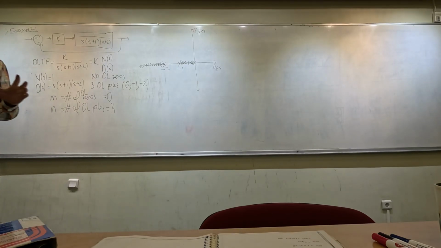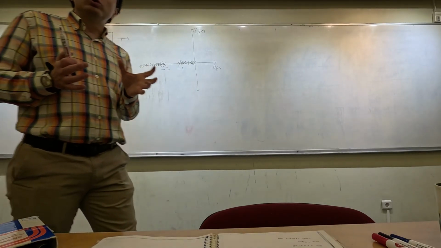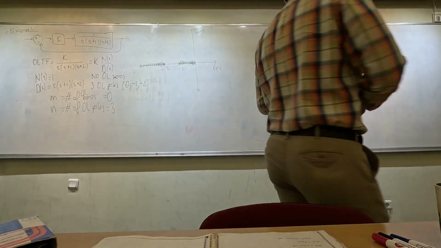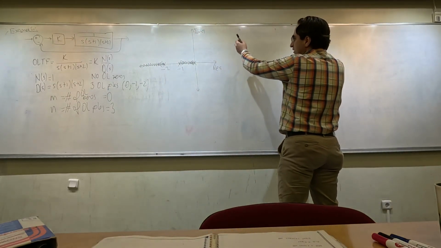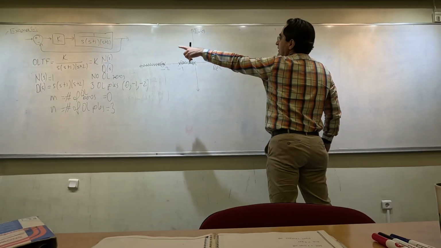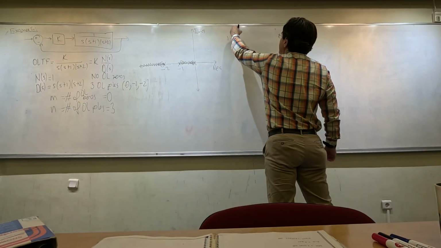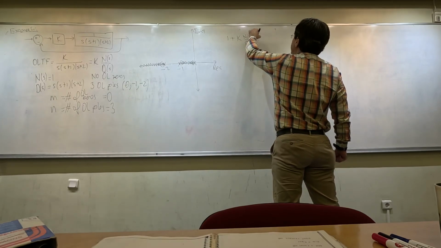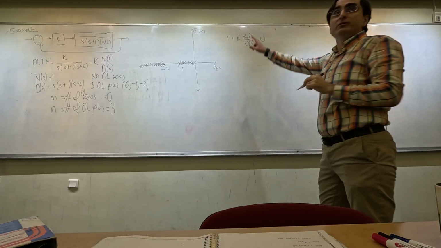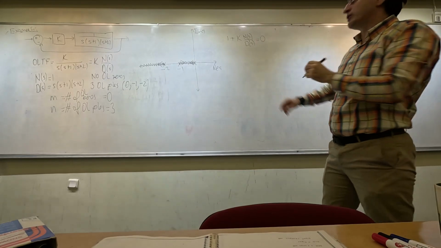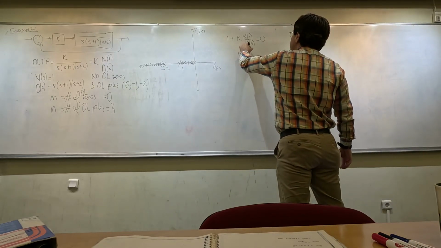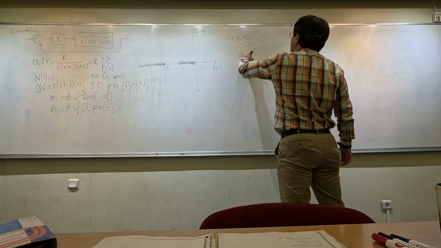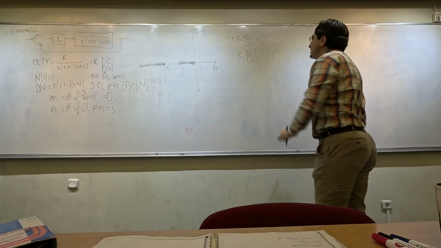So remember, trajectories start from the open loop poles and they go. So here remember the following equation. The closed loop poles are determined by the following equation: 1 plus K N of s over D of s is equal to 0. We are always trying to solve this equation, and this equation can be written as K N of s over D of s is equal to -1.